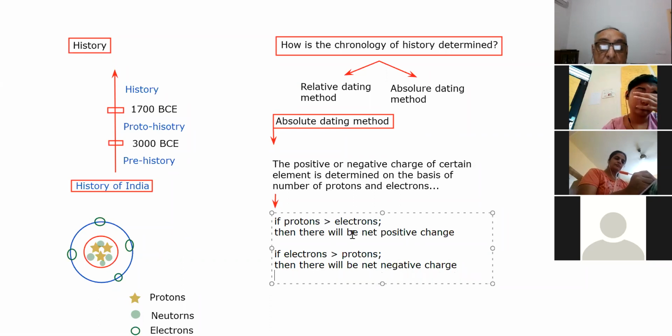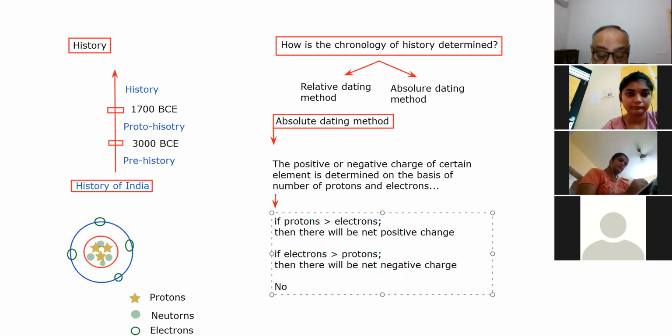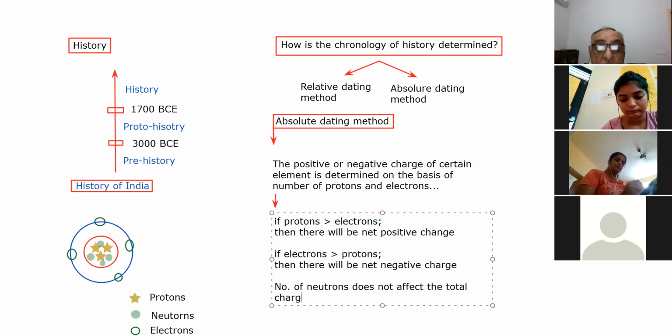And the number of neutrons does not affect the total charge, or the net charge. इससे कोई इफेक्ट नहीं होता क्योंकि ये न्यूट्रल होते हैं, right?